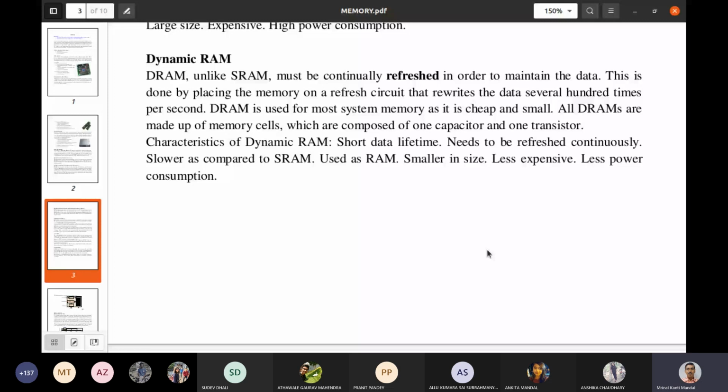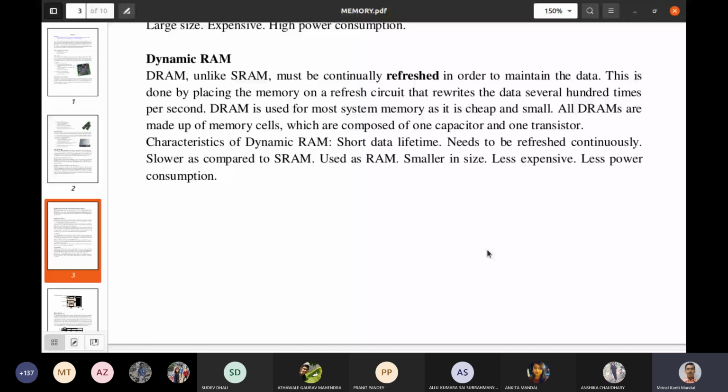But at the same time, when the number of transistors per unit is reduced, maybe 4 or maybe 1, it is high density. So the number of components in a small area is more. So it is a high density chip. And it needs refresh continuously.